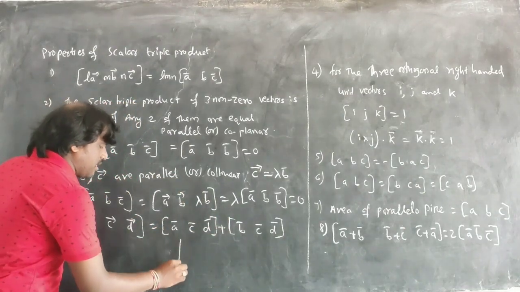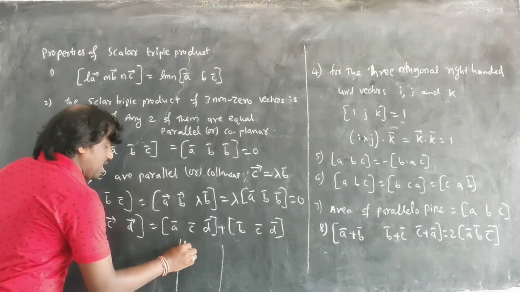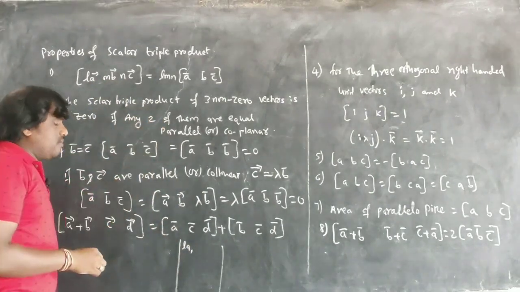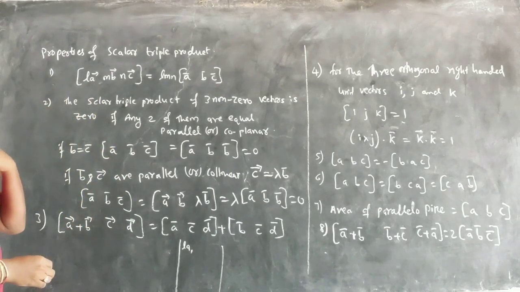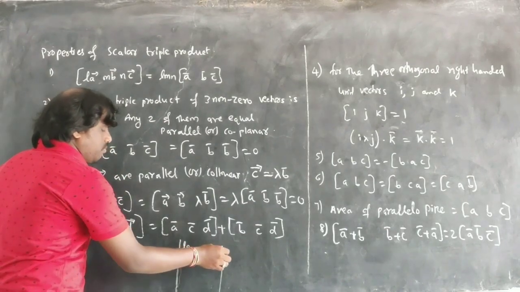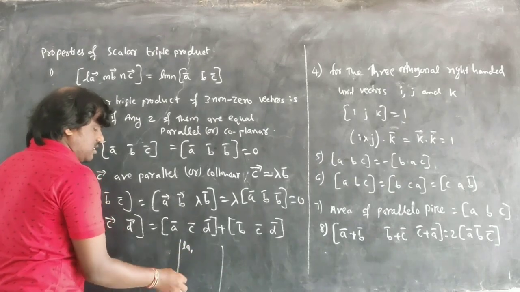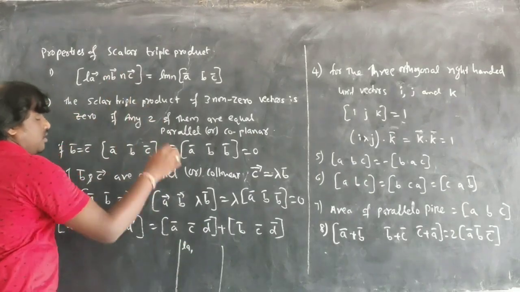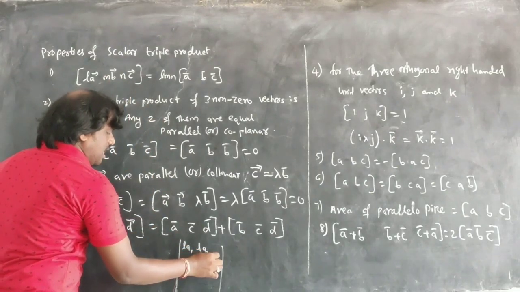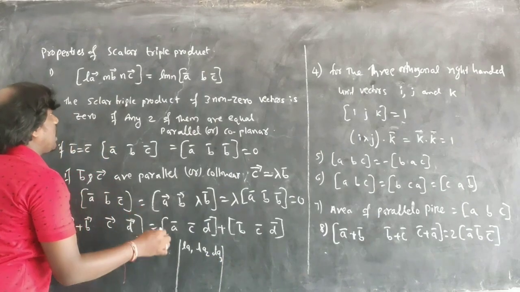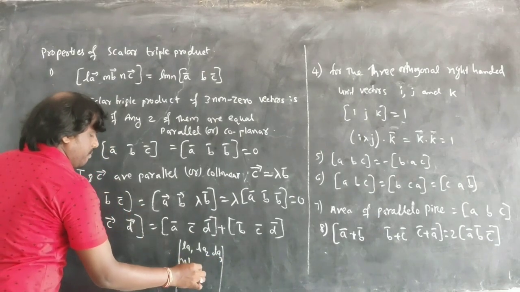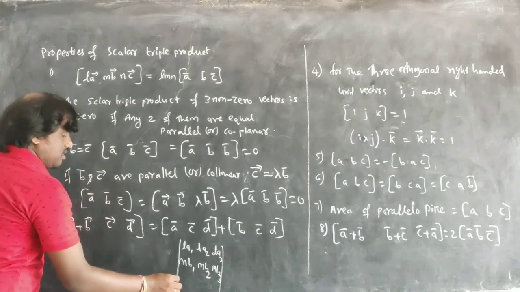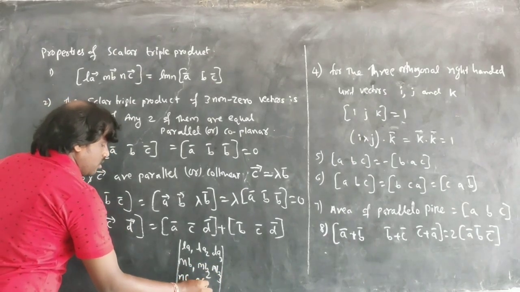If you have a determinant here with LA1, LA2, LA3 in the first row, then MB1, MB2, MB3, and then NC1, NC2, NC3.